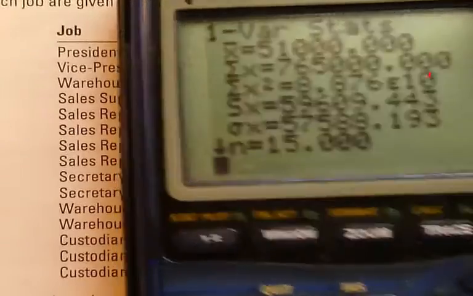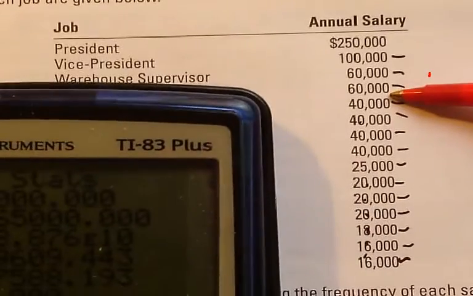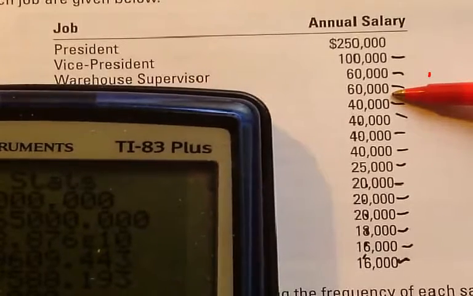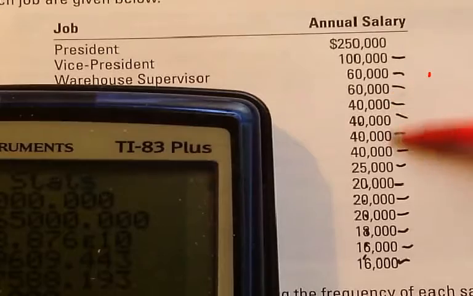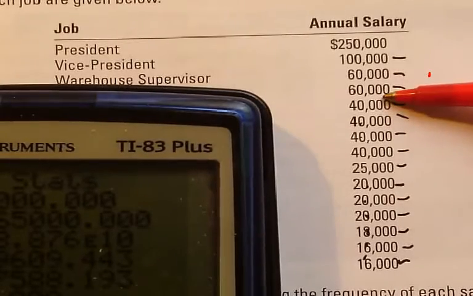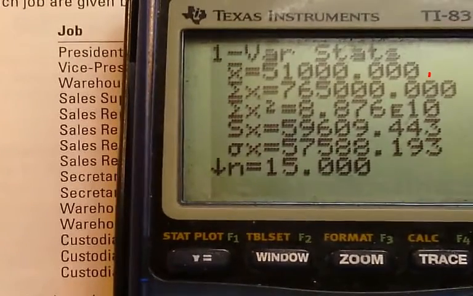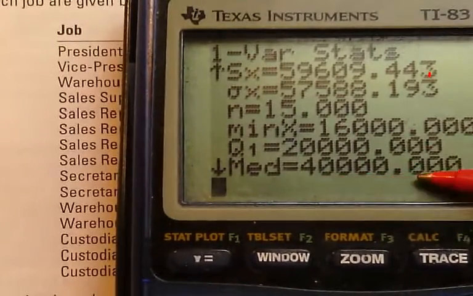51,000. That's the mean. Now then, if you look, the average is right here, 51,000. Only 4 people make more than the average. 11 people make less than the average. So you'll see quite often that when they do stuff like this, they'll say, well, let's look at the median. The median is 40,000.